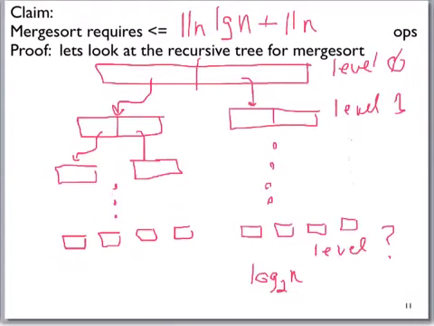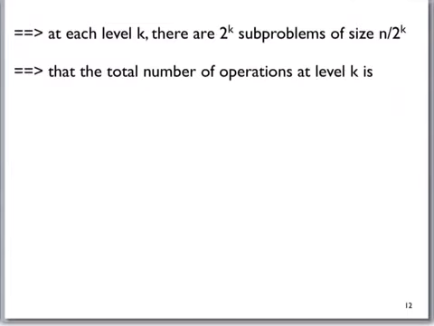That gives us a total number of levels of log 2 of n plus 1. All right. So now, at each one of those levels, there are 2 to the k subproblems.